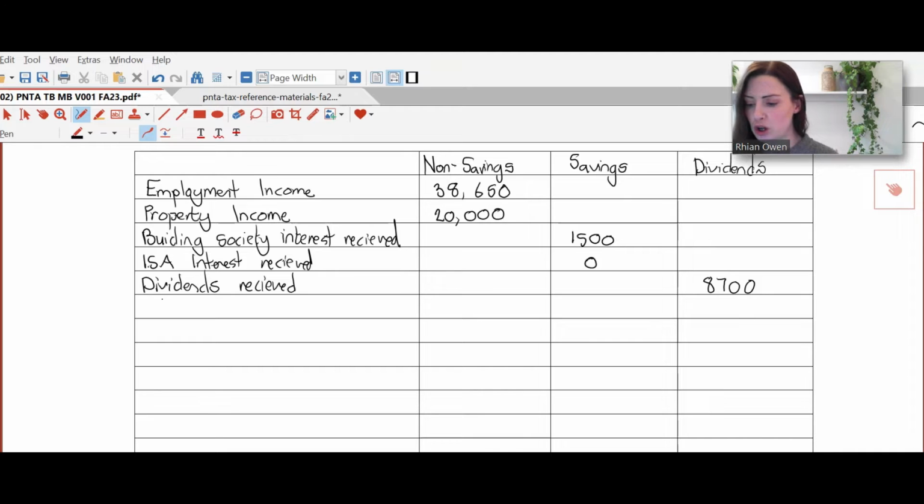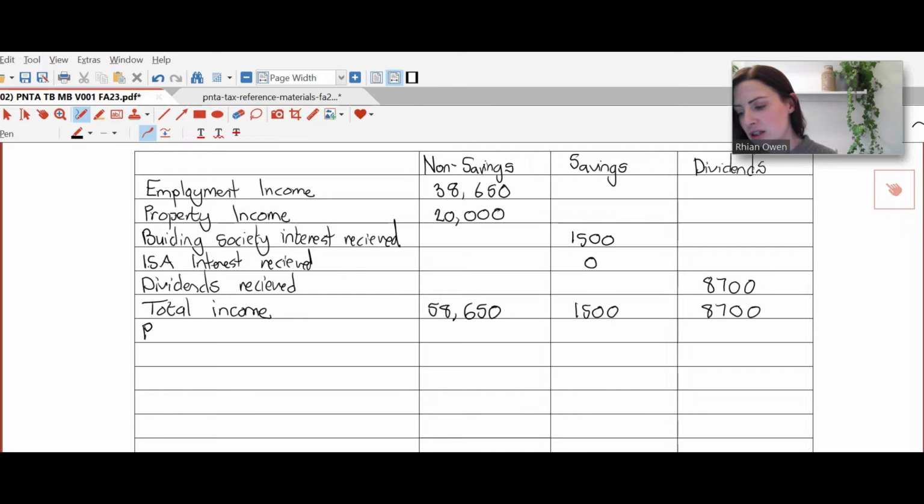And then we've got total income. So if we do it by column, so non-savings income, total income, £38,650 plus property income of £20,000 gives us £58,650. Then we've got savings income of £1,500 and dividends of £8,700.